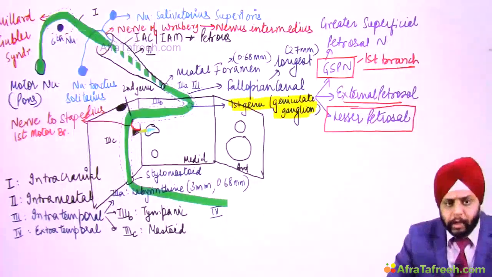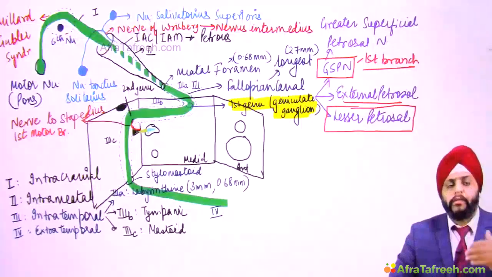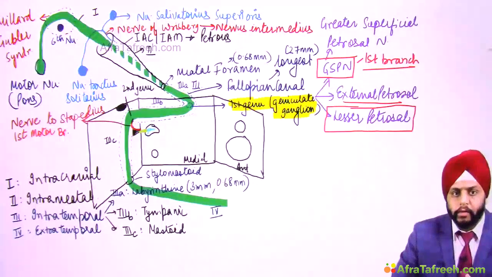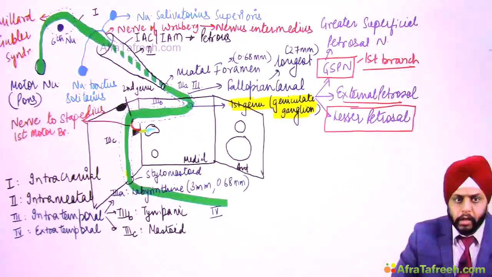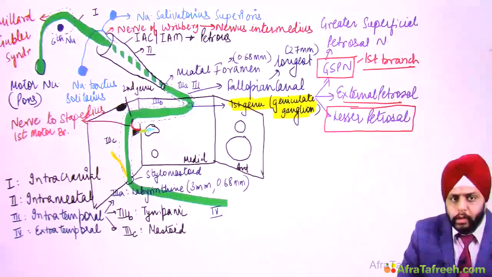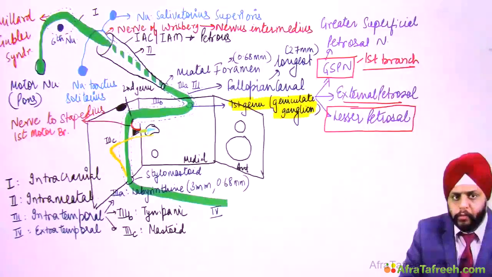Okay. Now, this branch of the facial nerve runs in the reverse direction. So, you see this branch comes backward like this. Okay. So, it comes backward and it comes into the middle ear from the posterior wall, right? It hangs in the middle ear like a cord, like a rope.